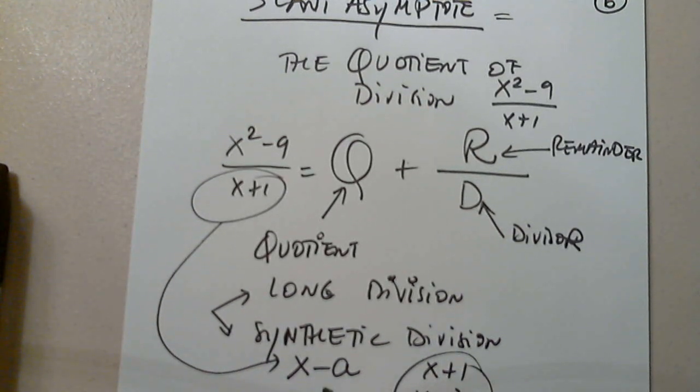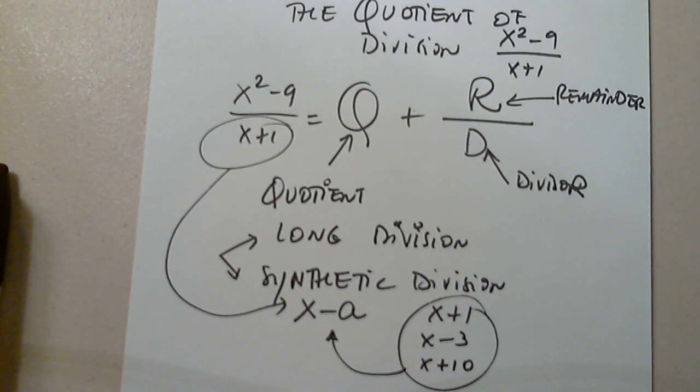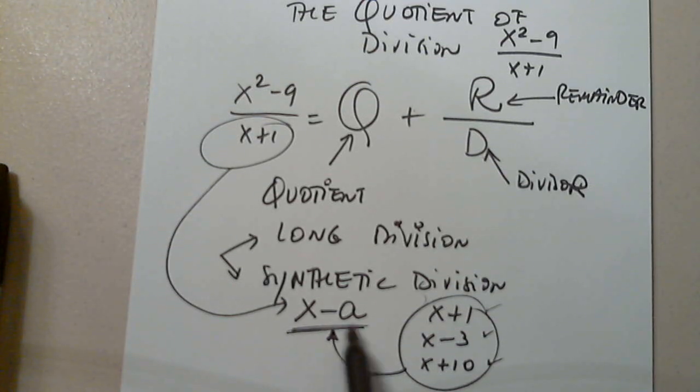All these are in this form. The long division always works, but the synthetic division has limited applicability. Only if we have these types in the denominator, not 3x, not 4x, not x squared. They have to be of this form.